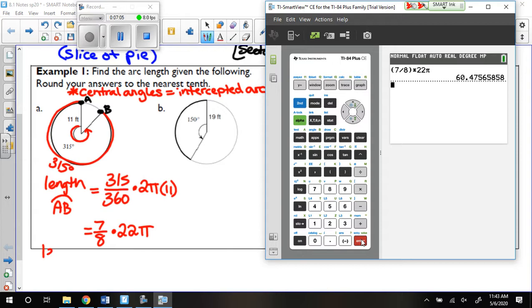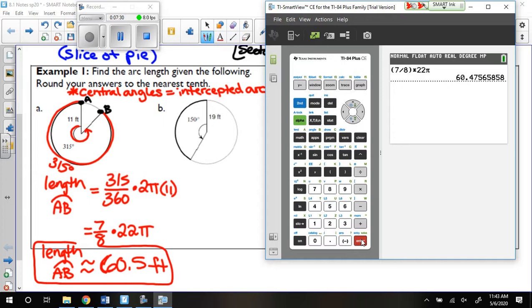Okay, so our length of arc AB is approximately 60.5, and we do need to put units because we are talking length here. I just changed my equal sign to an approximately. The units in the picture are feet. Okay, so the arc length is approximately 60.5 feet. It was 315 degrees, but now we have found the length of it.